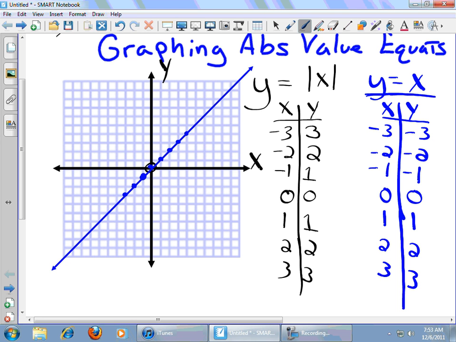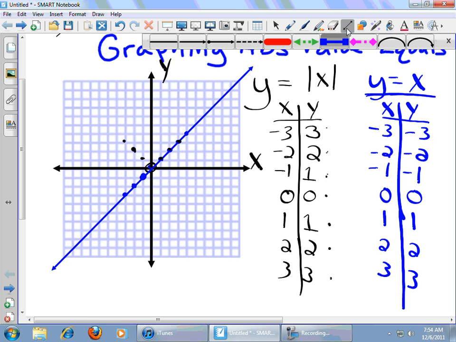What do you notice here about this t-table? You notice that they're going down, kind of converging, and then they go back up by the same amount. Well, let's plot these points. All right, and let me graph this one.